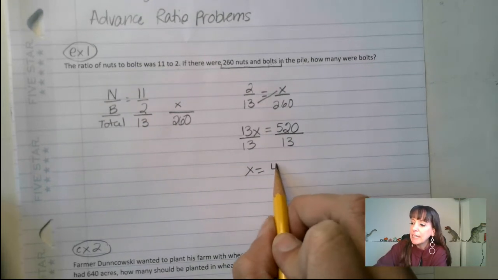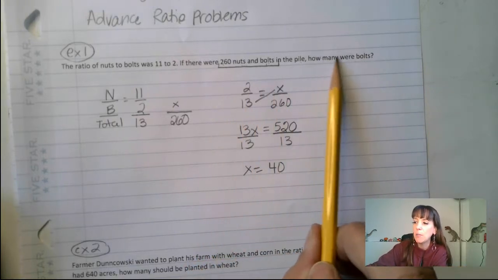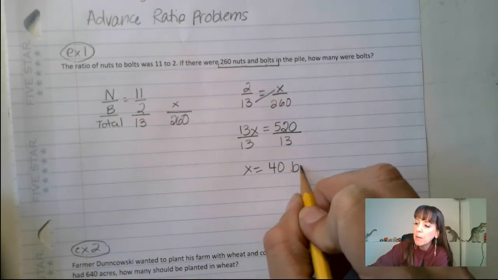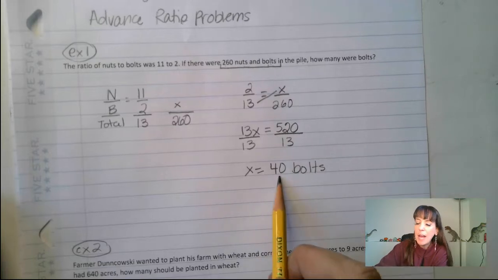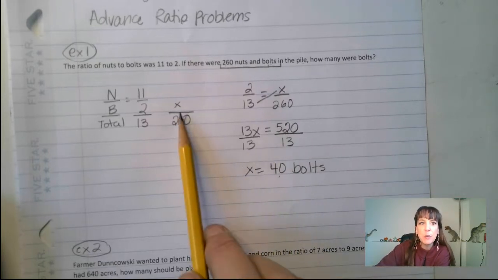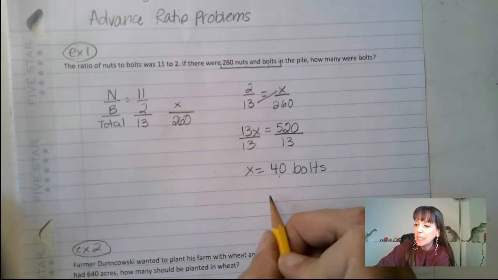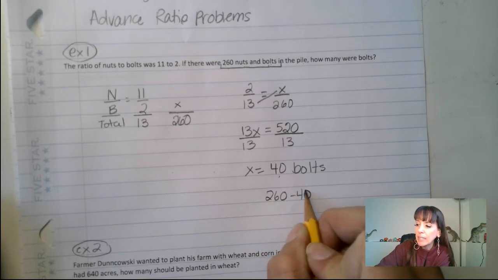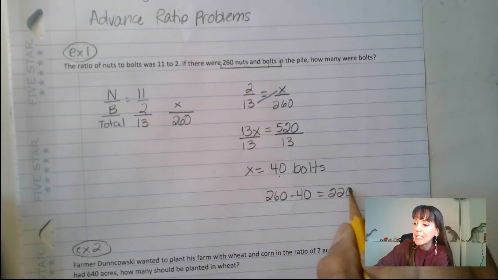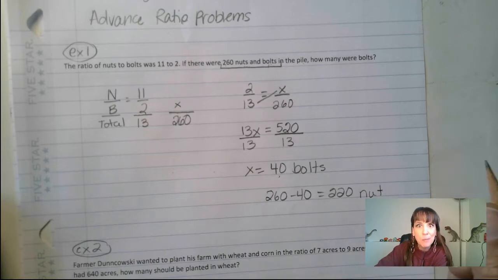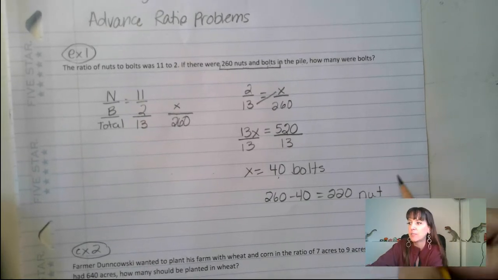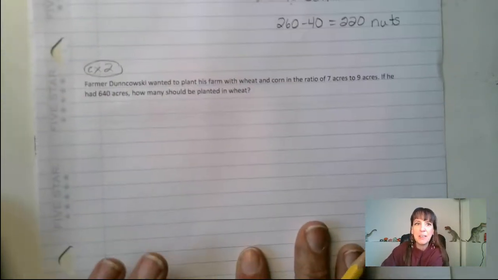So we go back and look at the question, and it says how many were bolts? There are 40 bolts. Well, how many were nuts then? So we know that there's 260 total. That means 260 minus 40 is going to equal 220 nuts. Now, that's not part of the question, but it's good that you're able to see where that comes from. Let's try another one of these.